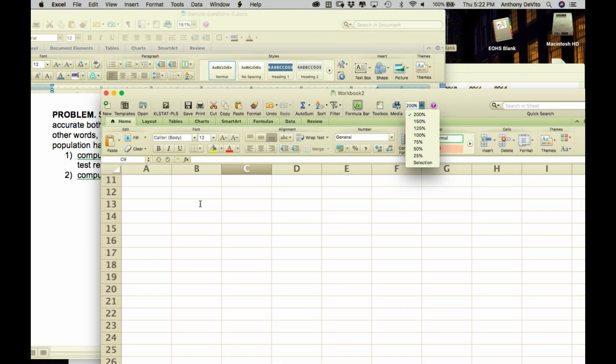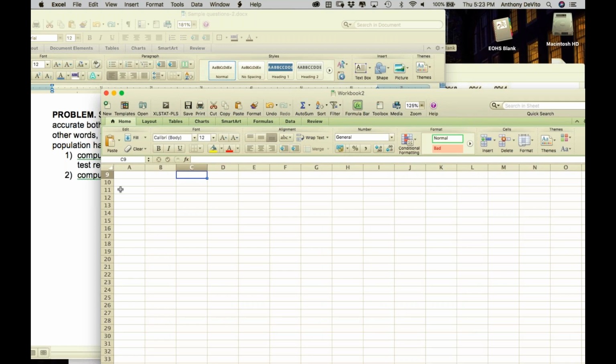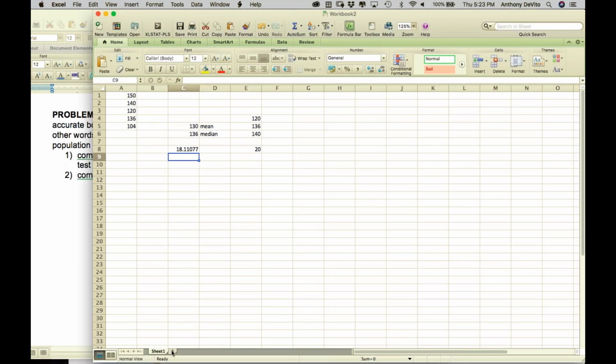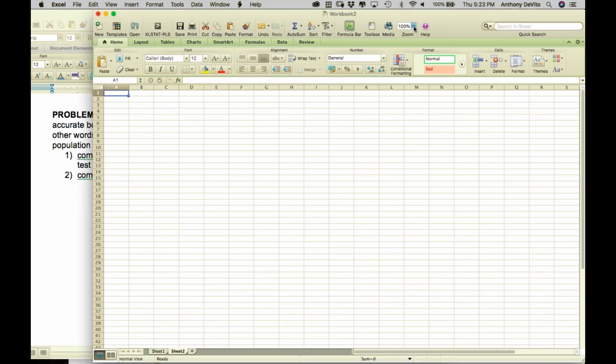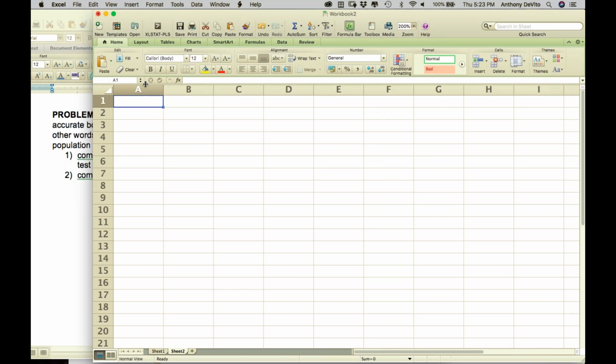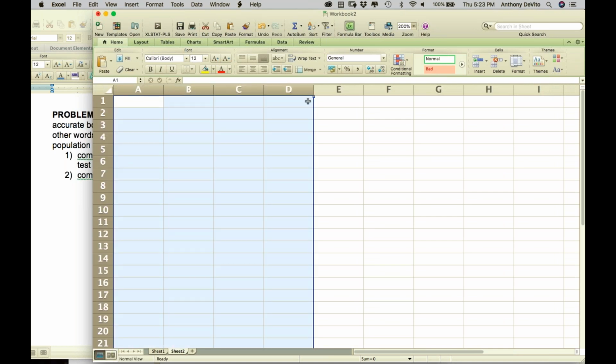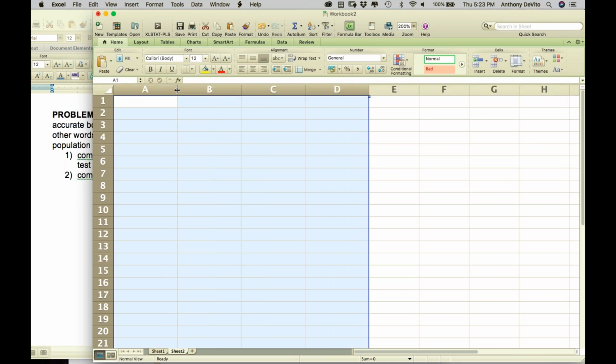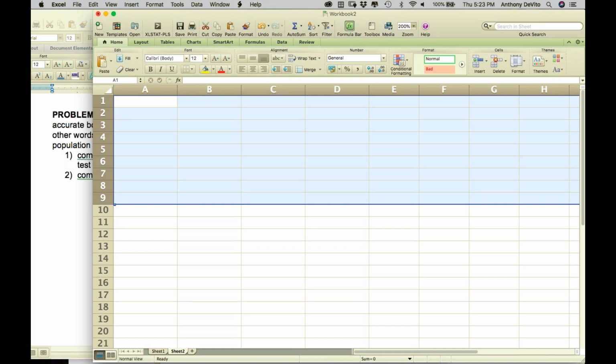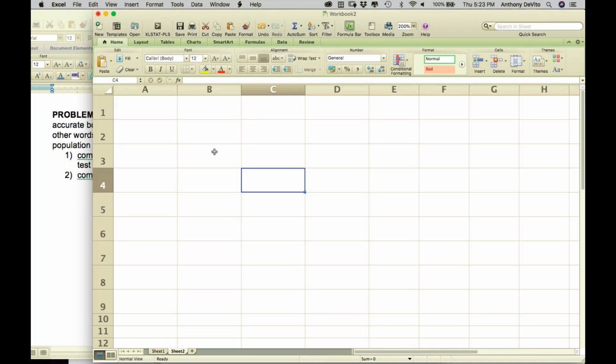Let me add another sheet here and work here, and spread it out a little bit. Make this a bit wider. Okay, good. So I'm going to make up a table here.